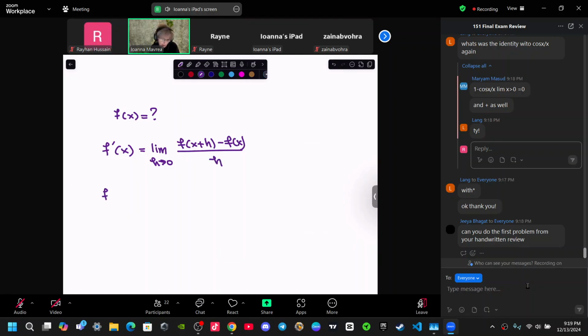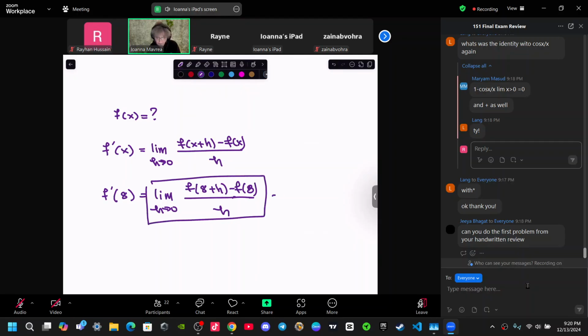So if somebody asks you to find the derivative at 8, that is the limit, as h goes to 0, of f of 8 plus h minus f of 8 over h, right? And somebody told you this is 11. So 11 is the derivative of f at 8, because that's the definition of the derivative of f at 8. It's this limit. So the derivative is 11.